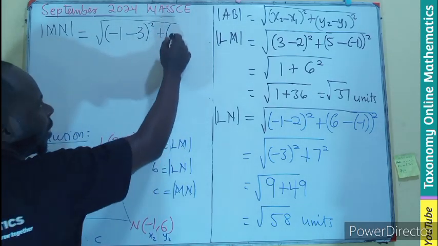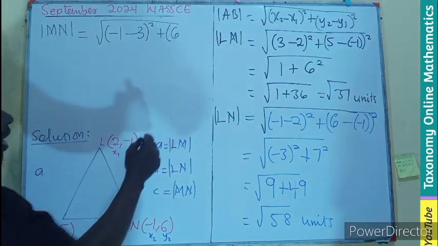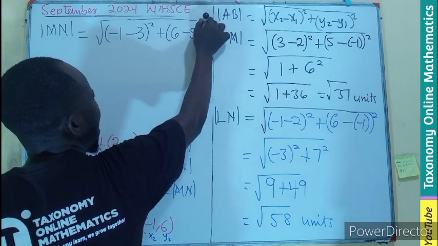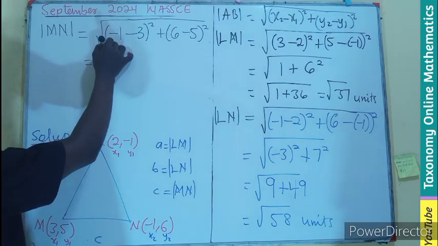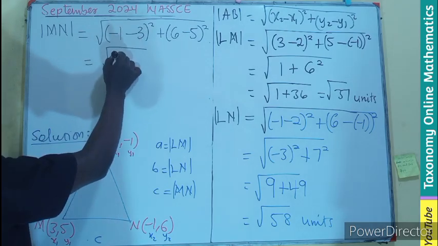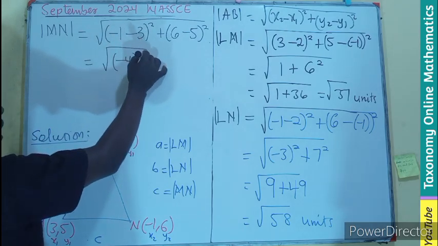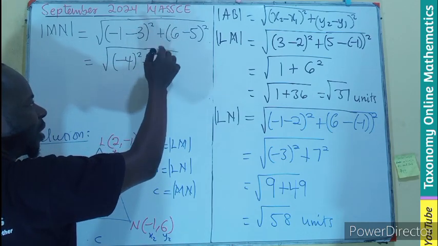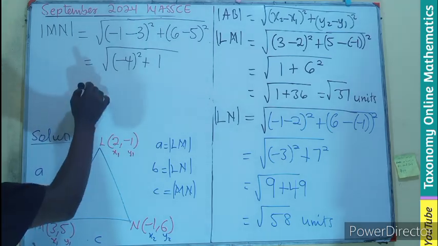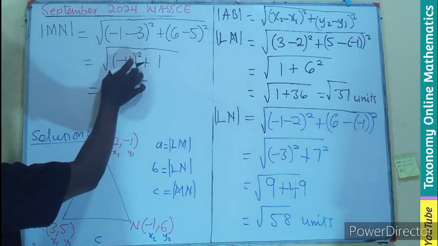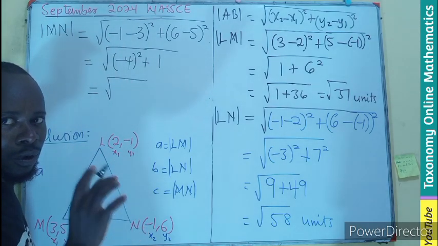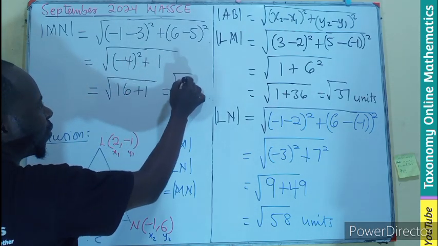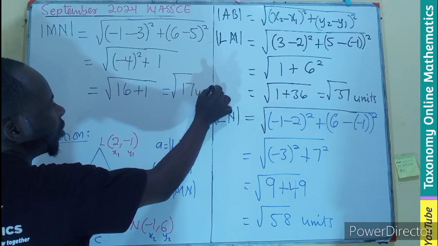Y2 in this case will be 6, then minus 5. Put all that together and square it. In that bracket I'll have negative 4, all squared. Then 6 minus 5 is 1, and 1 squared is still 1. Negative 4 times negative 4 is positive 16, plus 1. That gives me the root of 17 units.